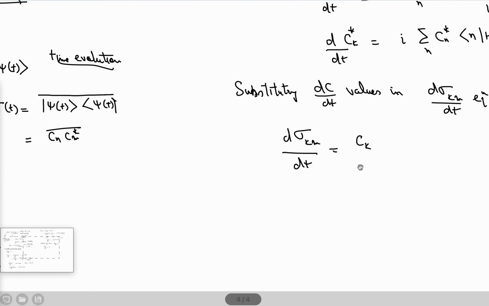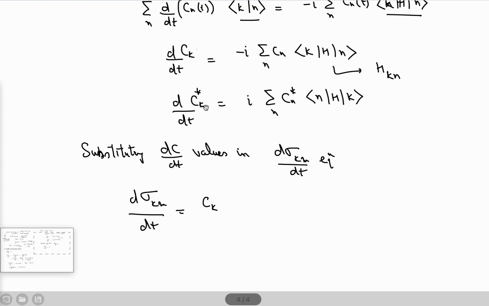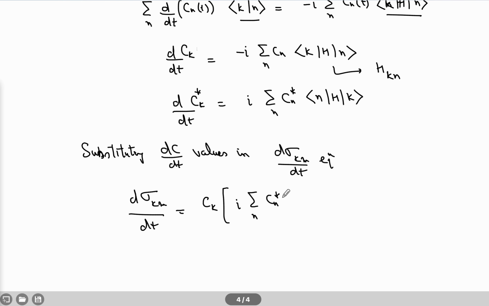So I will have c_k and then dc_m star by dt. For dc_m star by dt I will replace k by m, so that means I will have plus i, because this is star over here, c_n star, and I will replace k with m. This is just the index which is different here.